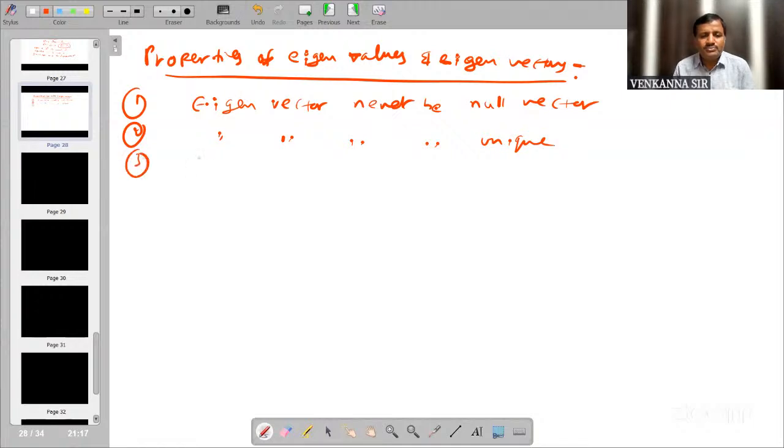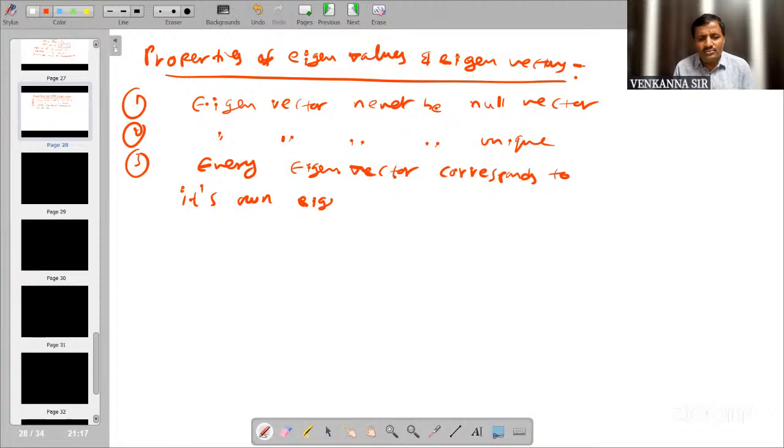Third, every eigenvector corresponds to its own eigenvalue. Means for every eigenvalue you will get some eigenvector.